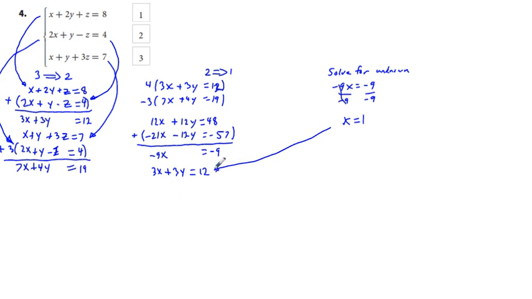So we're going to get 3 times 1 plus 3y is equal to 12. And so if we subtract 3, we get 3y is equal to 9, and therefore y is equal to 3.